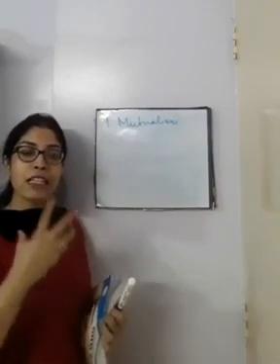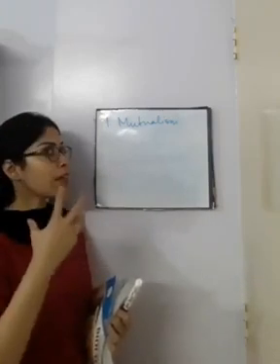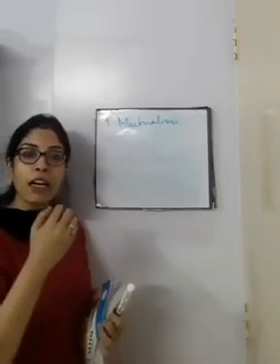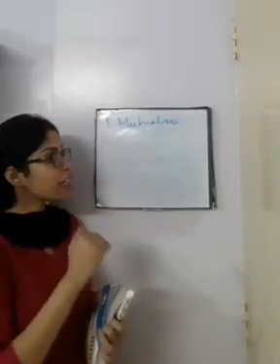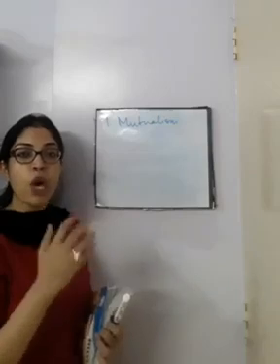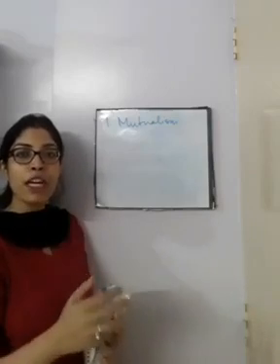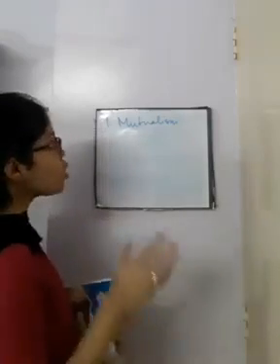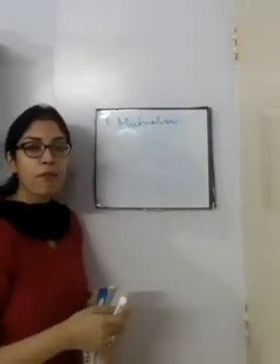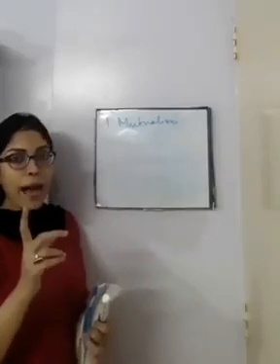Those bacteria get some help from the intestine of the human being, and in turn they also provide some vitamins which help the human being in their metabolic purposes. So that is another example of mutualism in animals.